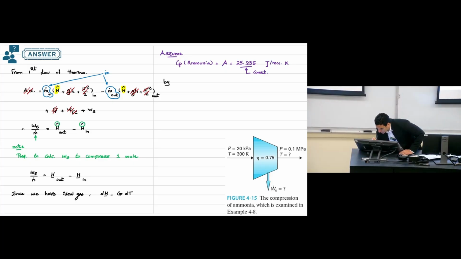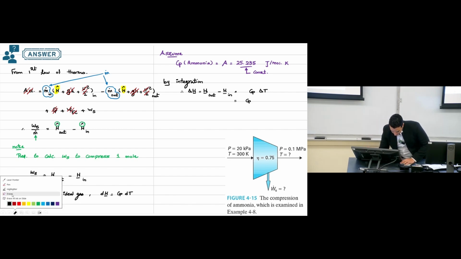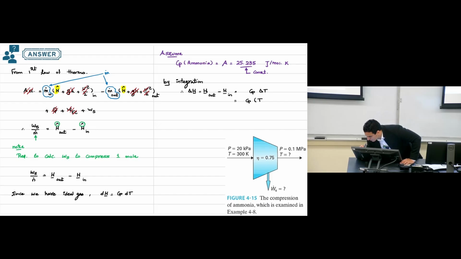So by integration, delta H, which is molar enthalpy outlet minus molar enthalpy of the inlet, will be Cp delta T. This one will be Cp (T2 minus T1).